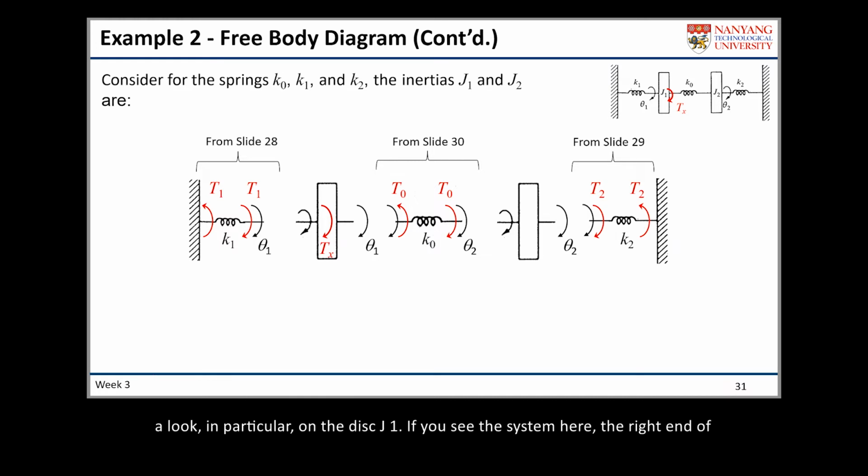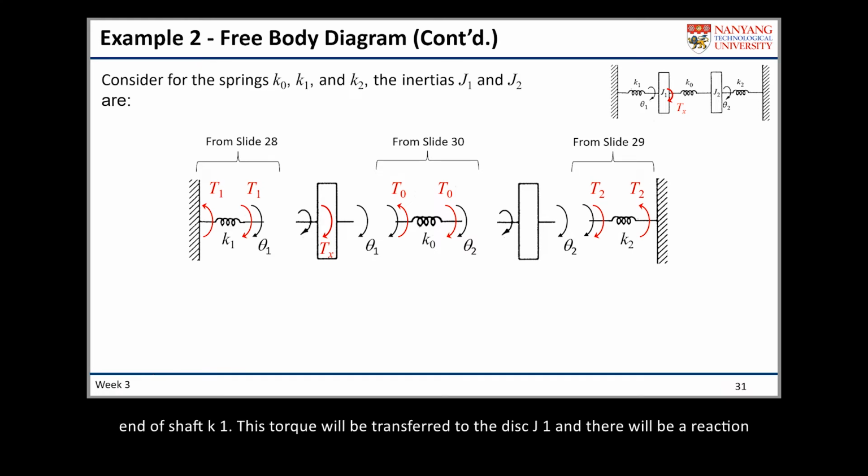Now let's take a look in particular first at the disc J1. If you see the system here, the right end of shaft K1 is connected to this J1, right? And there is a torque tau 1 acting on the right end of shaft K1.